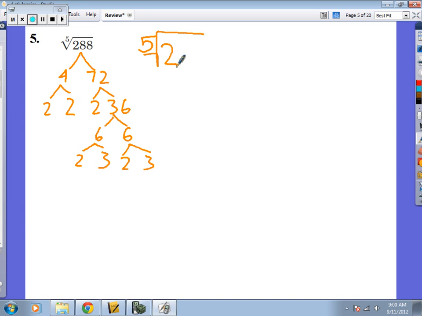How many 2's do you have? And you have 5 2's. And you have 2 3's. And you can take 1 2 out, and you have to leave the 3's in, and then you simplify.